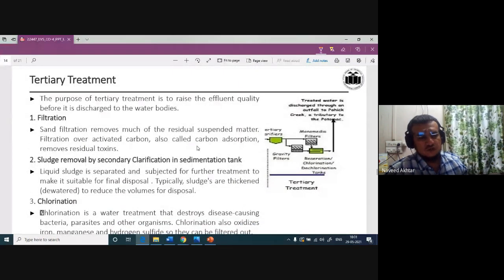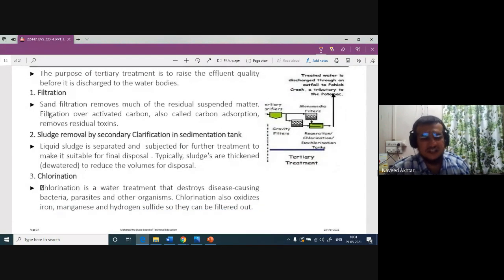Now we'll send it to the tertiary treatment, where sand filtration removes the residual suspended matter by filtration, or activated carbon, also called carbon adsorbent, removes the residual toxins available in the water.